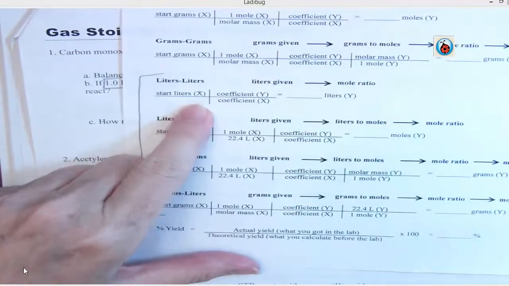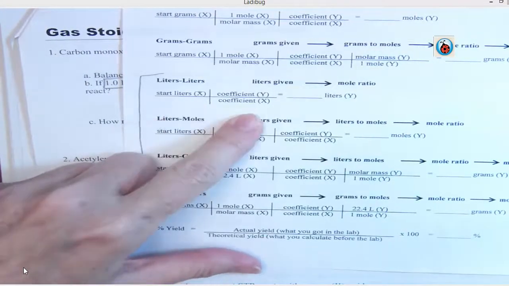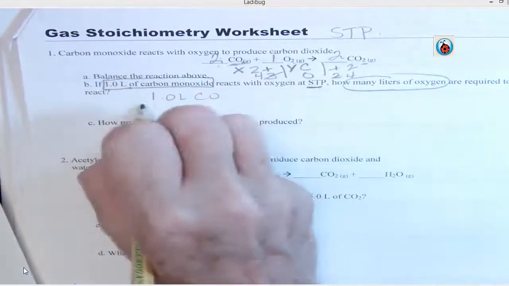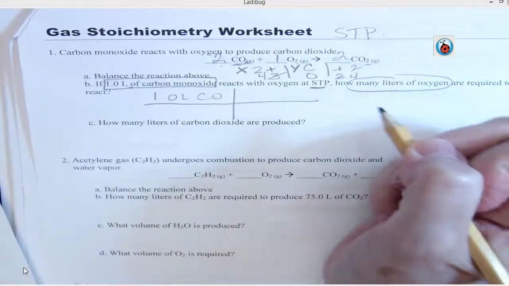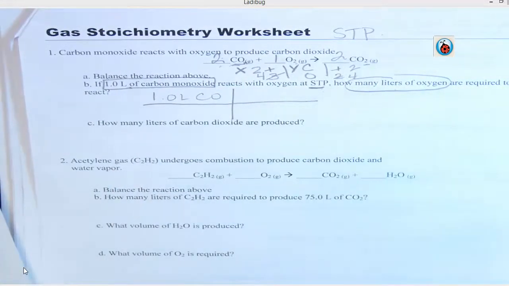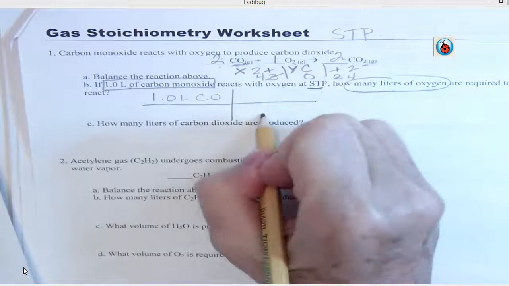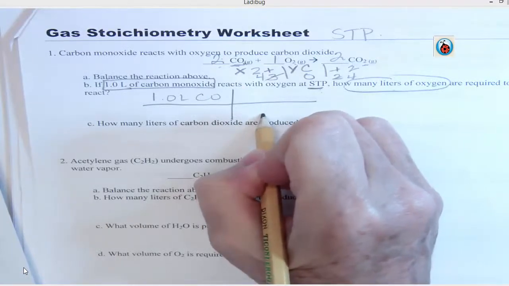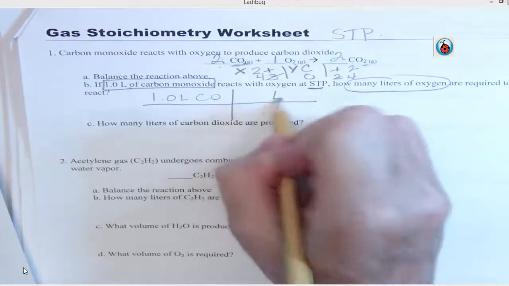All right? So if I go down here to my cheat sheet, it's just like moles to moles. I'm going to set it up the same way. So I'm going to start with 1 liter of carbon monoxide, and I need to cancel with liters of carbon monoxide. But because I'm going to have that 1 mole over 22.4, I can just do a shortcut here, and I'm going to go straight to liters to liters.